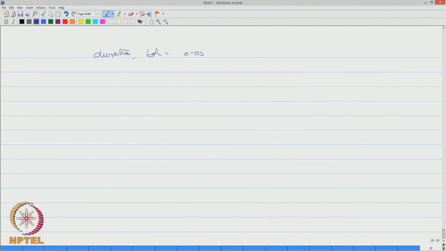and duration TD is 0.05 seconds. Therefore, total positive phase duration T0 is TR plus TD, 0.0125 plus 0.05, which is 0.0625 seconds.